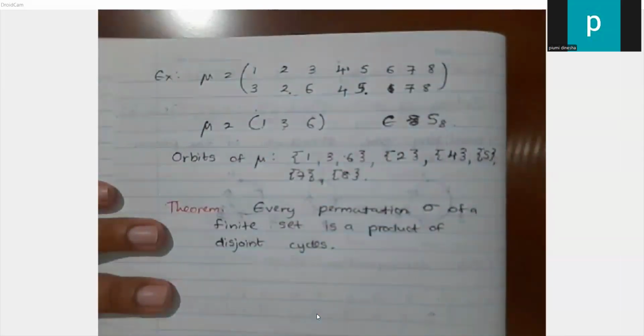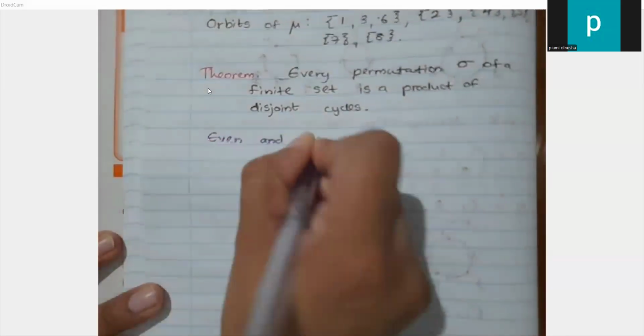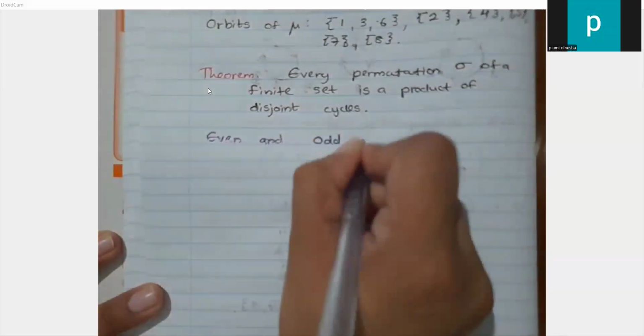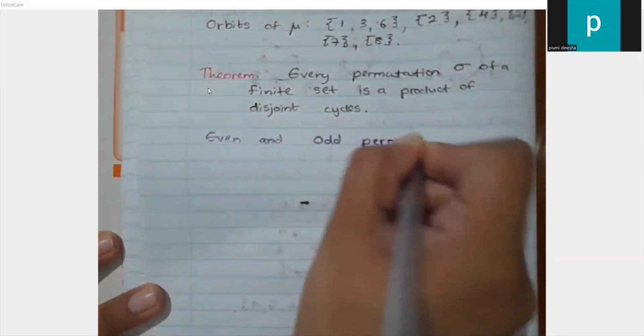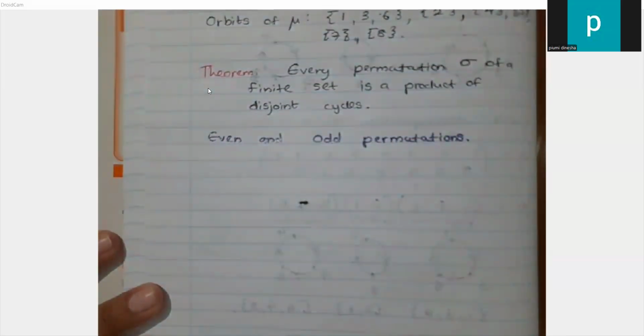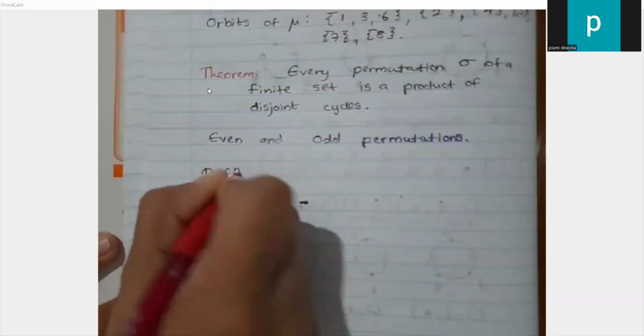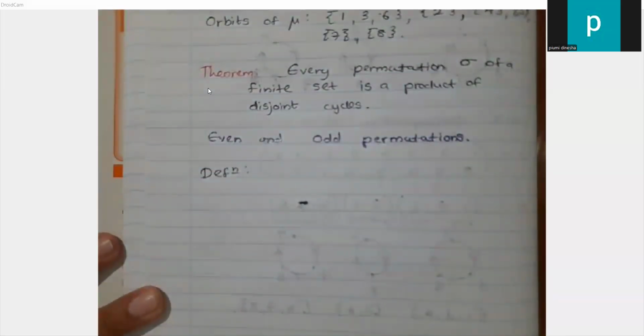Okay. Now with this, we are going to define even and odd permutations. So first let me write even and odd permutations. In order to do this, first we define a transposition.